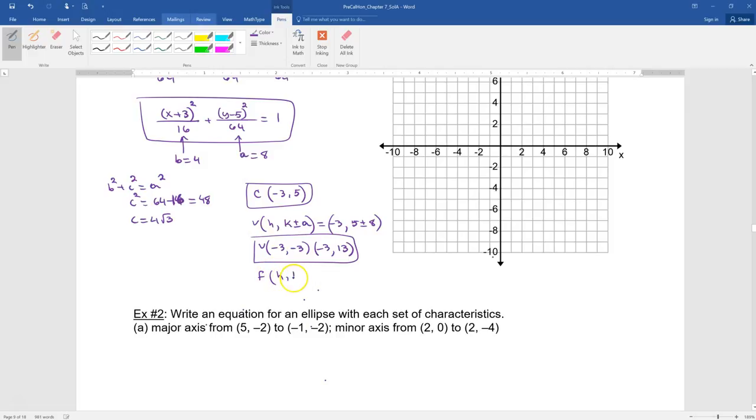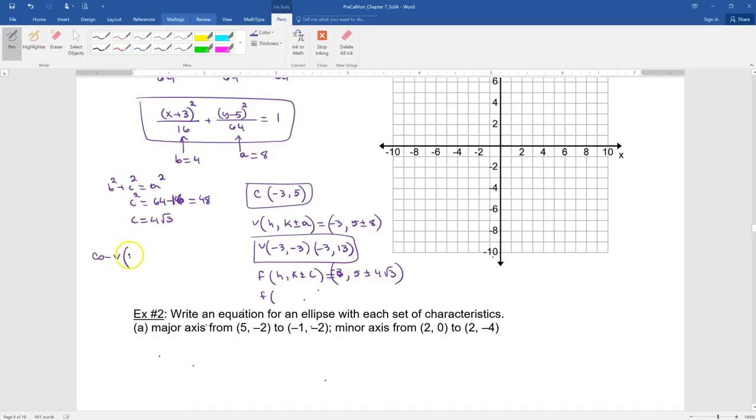So it's h, k plus or minus c. So I have negative 3 and 5 plus or minus 4 root 3. And then I need my covertices, which is the opposite.